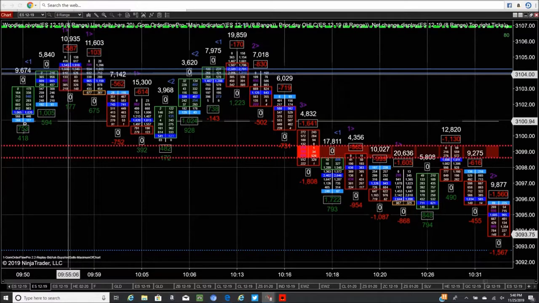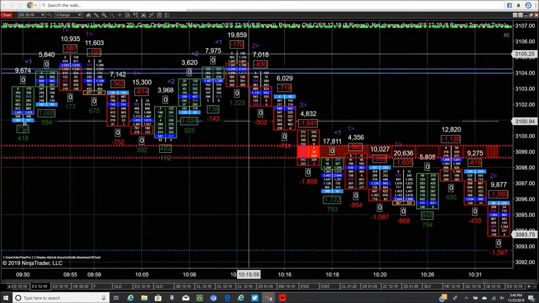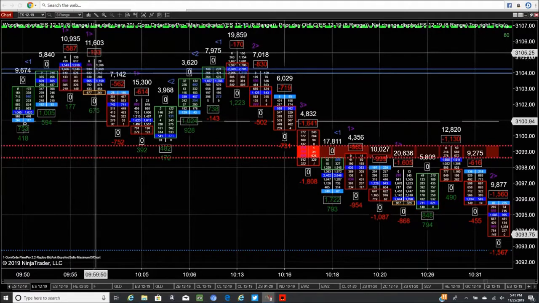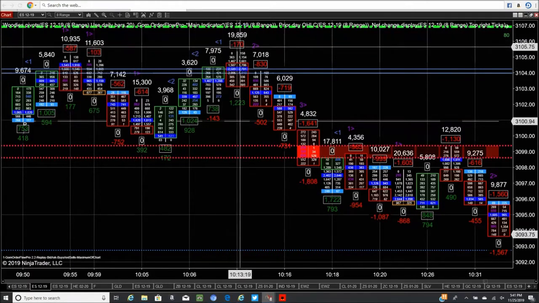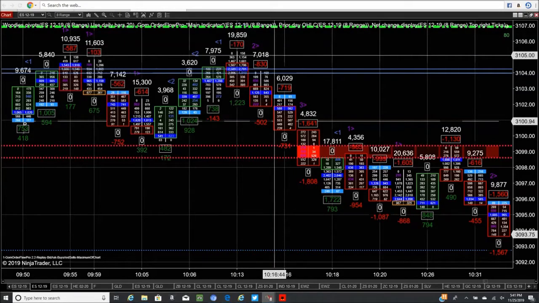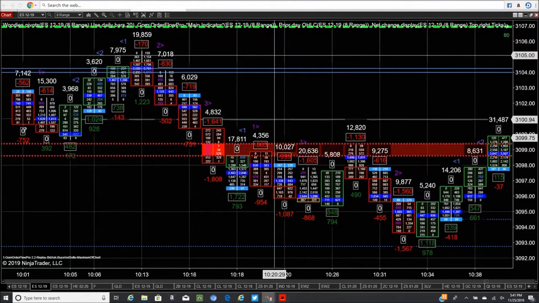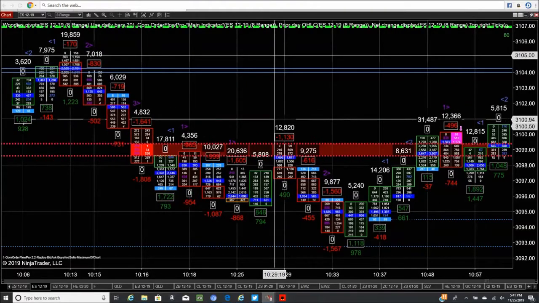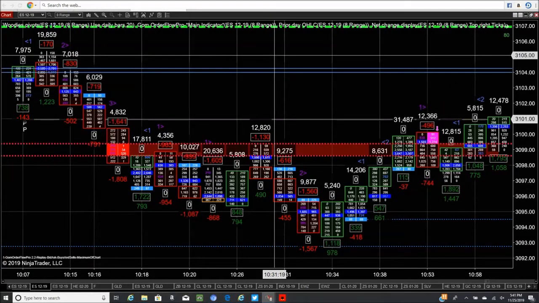If they wanted it, they would have been buying it. Every time we came back up here, we got a divergence. Divergence, negative divergence, negative divergence, a negative divergence with big volume. And then boom, we got hit. Okay, so that's one of the ways that you can use volume.